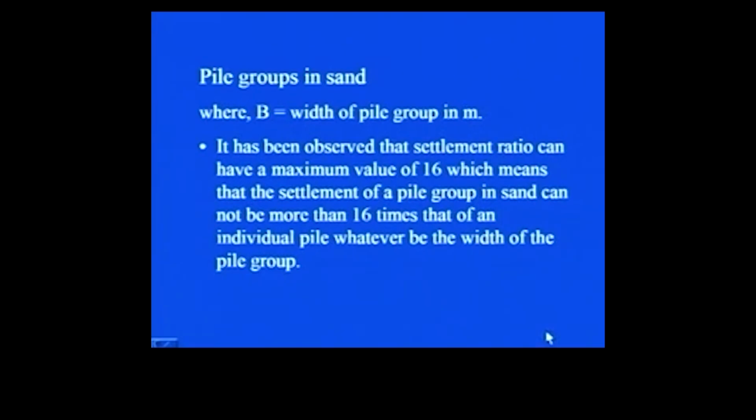It has been observed that settlement ratio can have a maximum value of 16, which means that the settlement of a pile group in sand cannot be more than 16 times that of individual pile, whatever be the width of pile group.